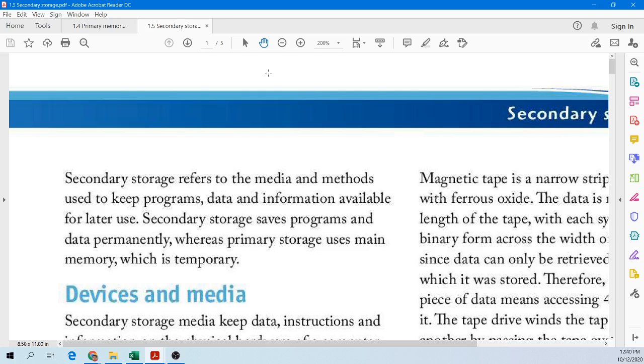So can you guys guess some examples of storage devices that would store data permanently? Memory card, flash drive. Good, memory card and flash drive. Anything else? Anything you know that stores data permanently?